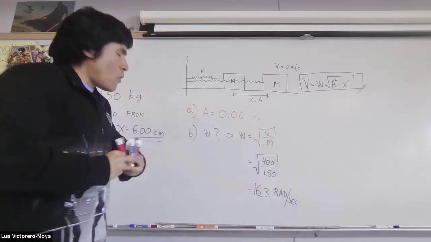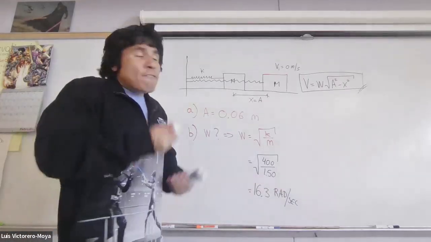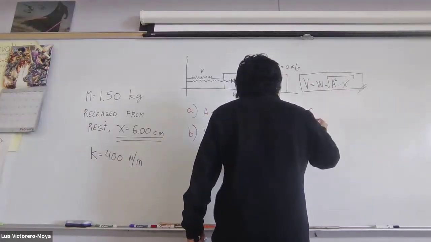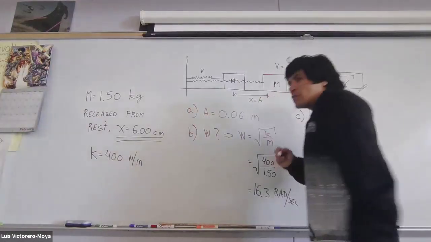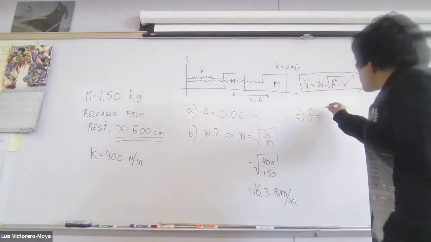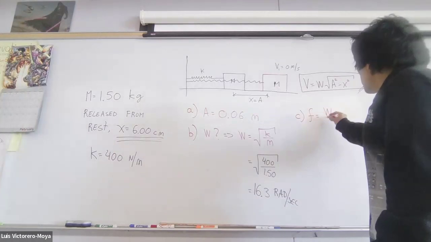Well, that's what you did in circular motion anyway. The frequency is the inverse of the period. If the period is 2 pi over W, the frequency is W over 2 pi.